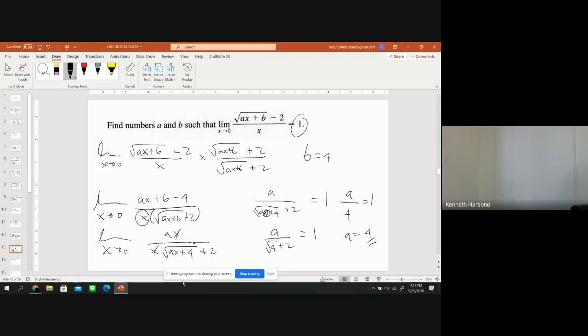We cannot cancel out if we have some constant on the top here. So we need to cancel the 4 here, and how we cancel that is by giving b as 4.